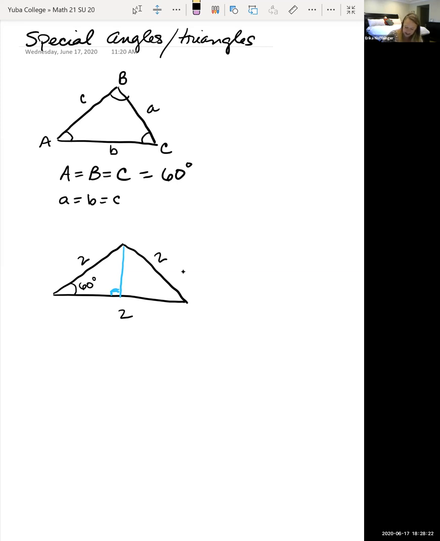Let's just look at one side of this triangle. It doesn't matter whether it's the left triangle I just created or the right one. Let's redraw it real quick. We know the hypotenuse is going to be 2. If I split this in half down the middle and this whole length was 2, then I know that the base of each of the smaller triangles would have to be 1. So this base down here is 1.